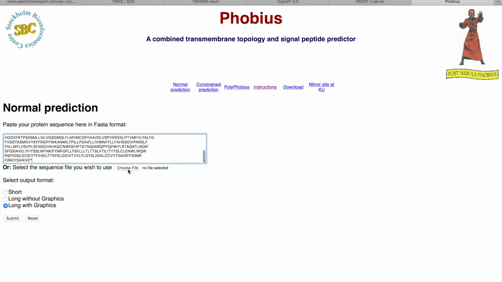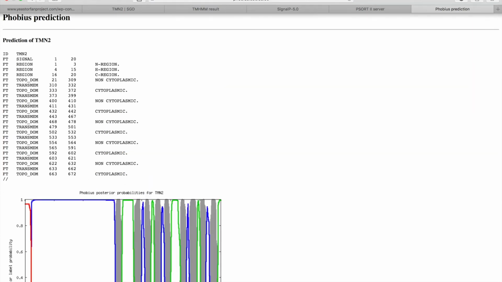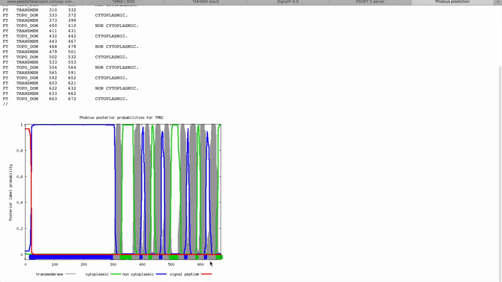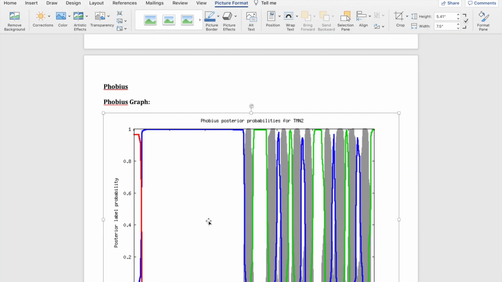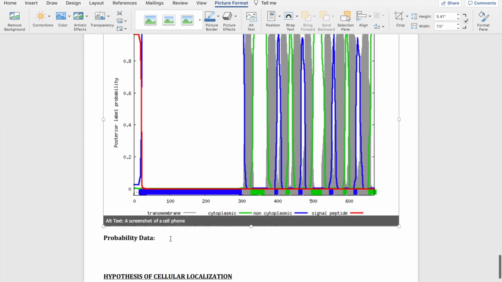You want to make sure you have long with graphic selected, and then you can submit. And this is what it'll look like when it's loaded, and it's a very similar graph to the hidden Markov models. So you're going to want to screenshot that and get the Phobius data.